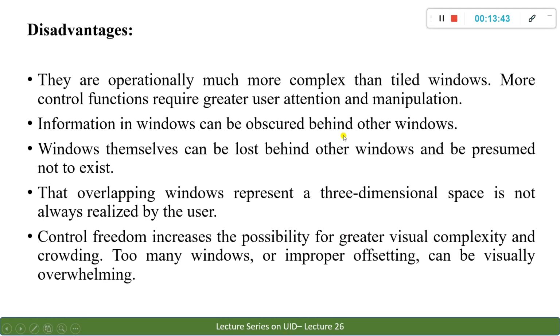Okay, so it also has disadvantages. The disadvantages are like this: they're operationally much more complex than tiled, because it is overlapping. You have given user controls and all, so that's why it will be more complex in comparison to tiled windows. So next is that information in the windows can be obscured behind the other.